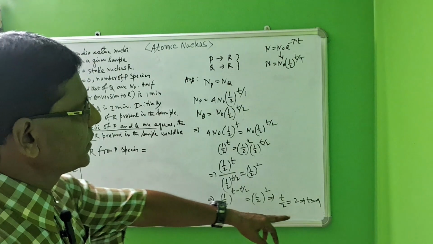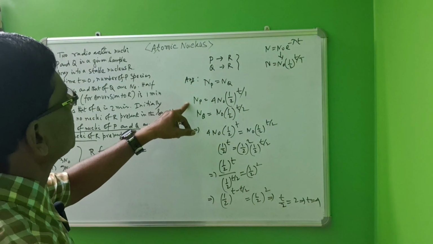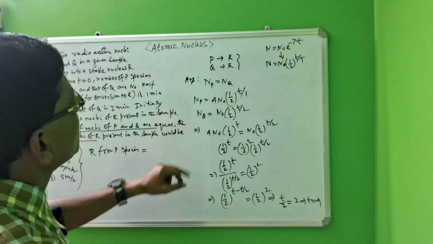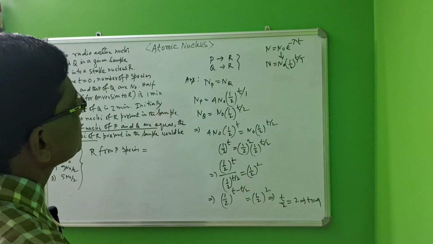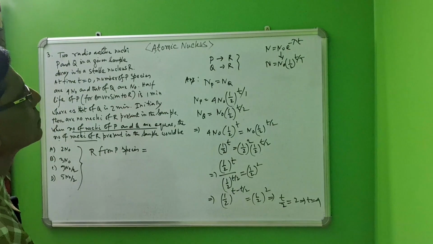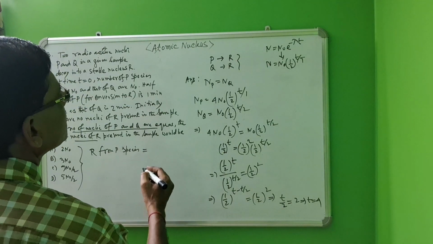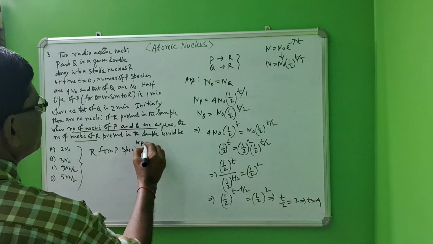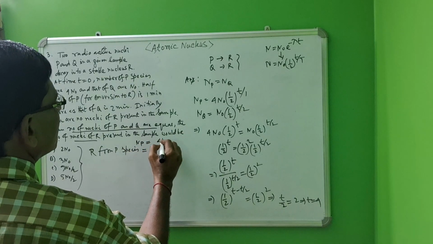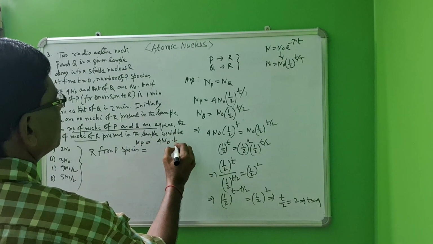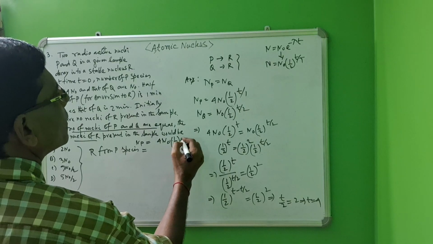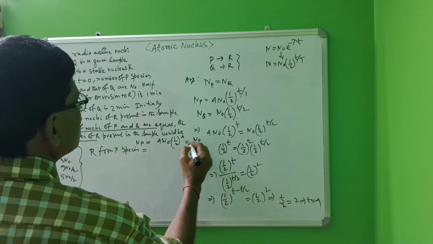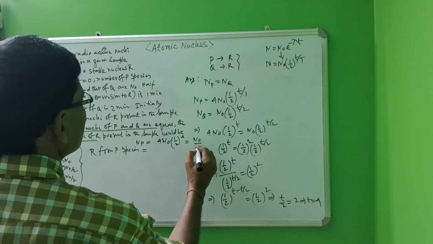So after 4 minutes NP equals NQ, and NP equals 4N0 up to the power 4 equals N0 by 4.